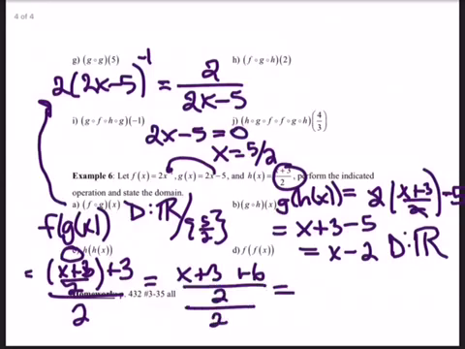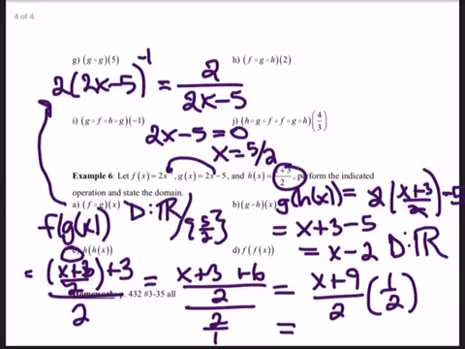So then I have x plus 9, and since this is 2 over 1, it can be over 2 times the reciprocal of 1/2. So I get x plus 9 over 4. Okay, so think about what your domain would be for that function.